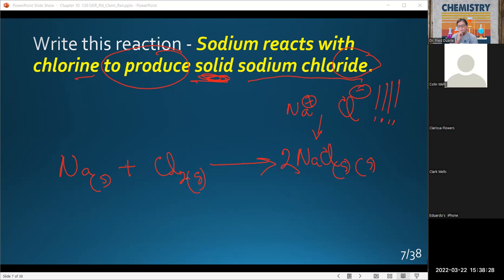That takes care of the chlorines, but it now causes the sodiums to increase, no problem. We put a 2 in front of sodium, and now we can see that everybody is balanced. So 2 sodium, 1 chlorine produces 2 sodium chloride. And then we clear this up a little bit.